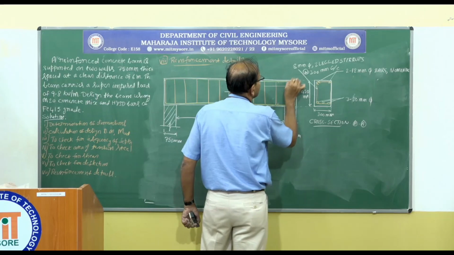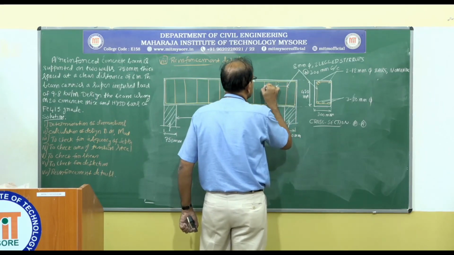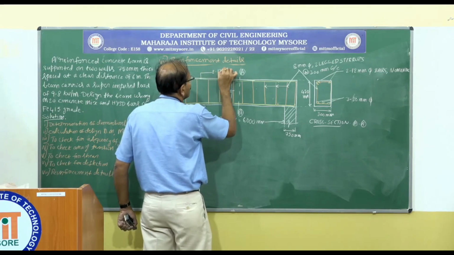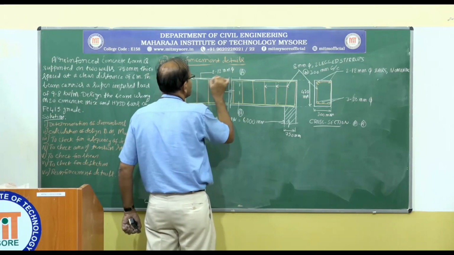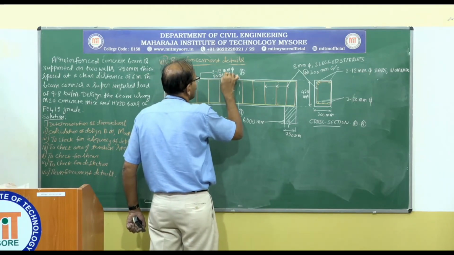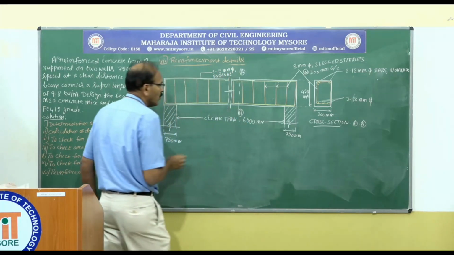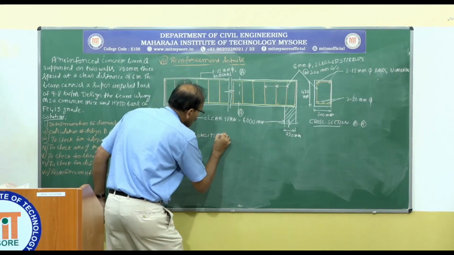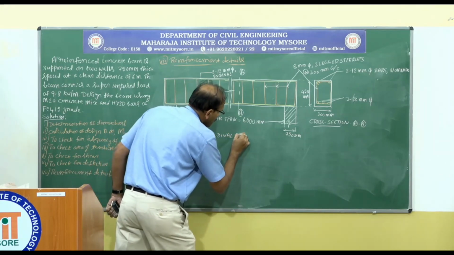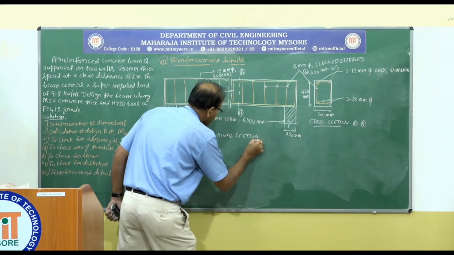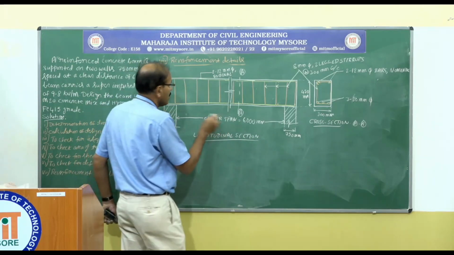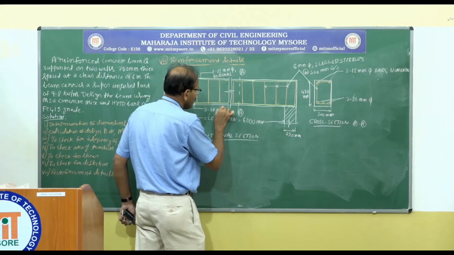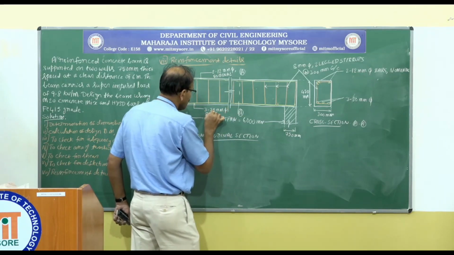So same thing here, same stirrups. So this is 2 of 12 mm dia bars, nominal. Okay. So this is the longitudinal section, and this is 3 of 20 mm dia bars.